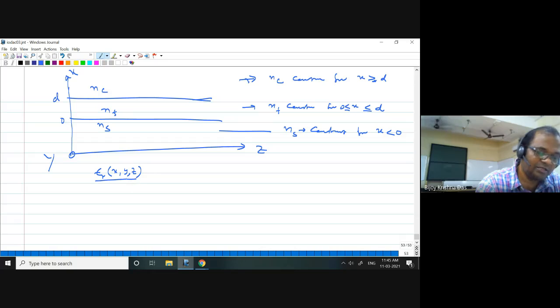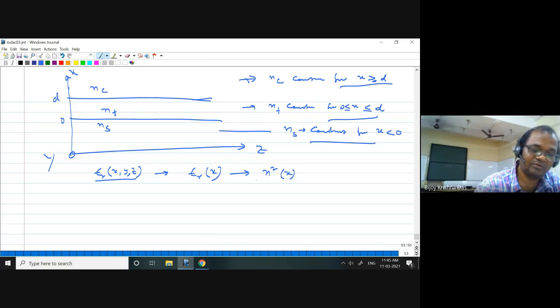So epsilon r is only changing along the x direction, so I can write epsilon r of x. Only x-dependent variation is there. You can represent the square root of epsilon r as n of x, so n squared of x will be nc squared, nf squared, and ns squared. Instead of epsilon r, I can write this, right?